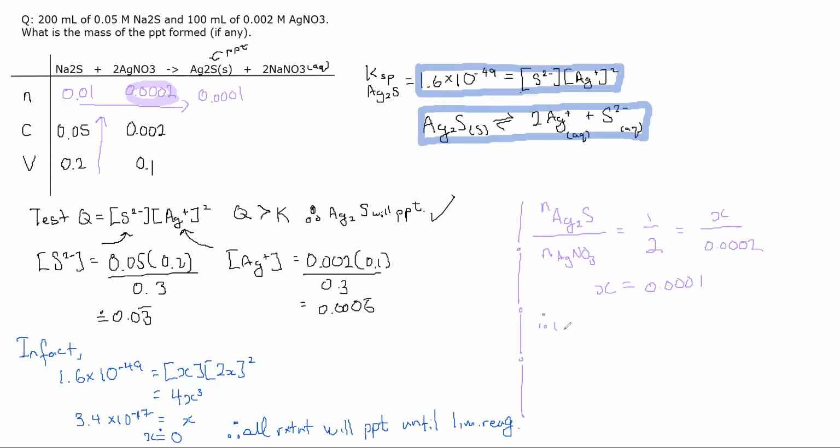Therefore, the number of moles is equal to 0.0001, and the molar mass of silver sulfide is 2 times silver, 107.87 I think, plus 1 sulfur.